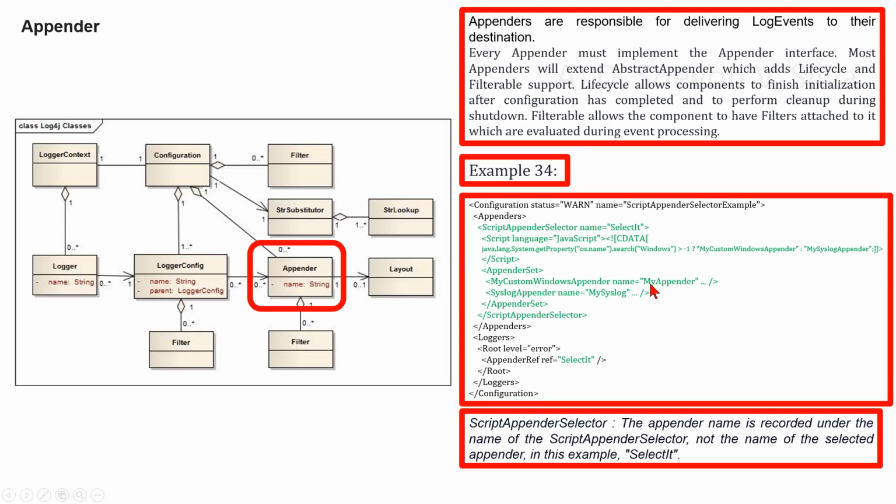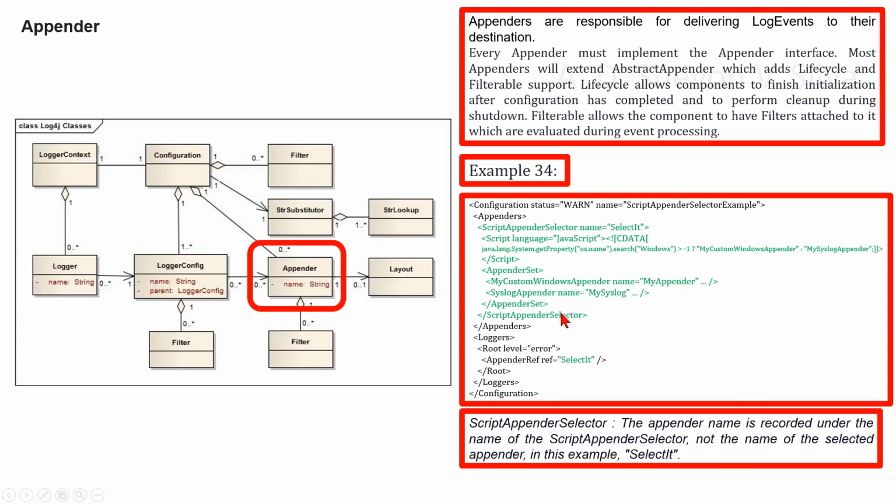Log4j only builds the one selected appender from the configuration tree and ignores the other appender set child nodes.